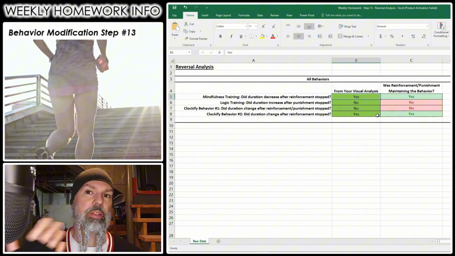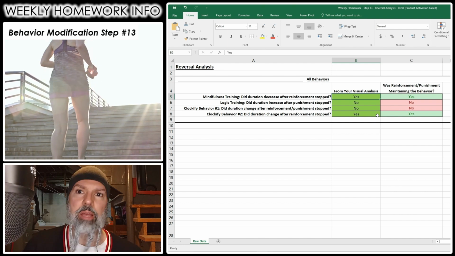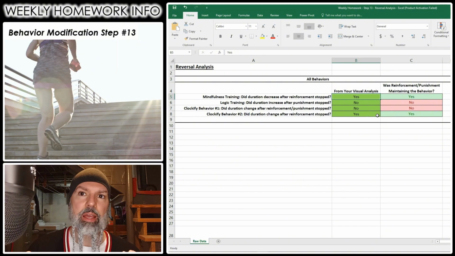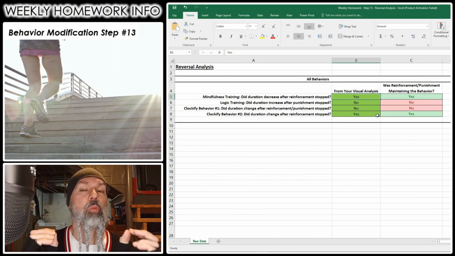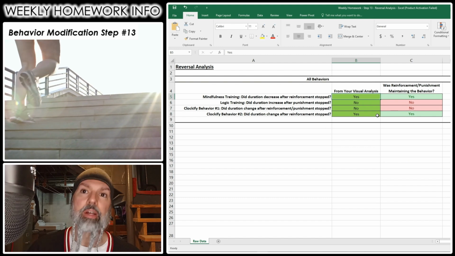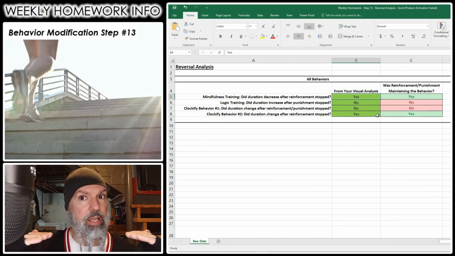So if you take a look at this analysis and you say to yourself, oh my goodness, I really want to keep in the mindfulness training. I really like the benefits that I'm seeing, but clearly this is letting me know that I'm only doing it for the homework. Well, now is the time to start thinking about other ways to reinforce yourself for doing that mindfulness training so that when the course stops, you can maintain that behavior.